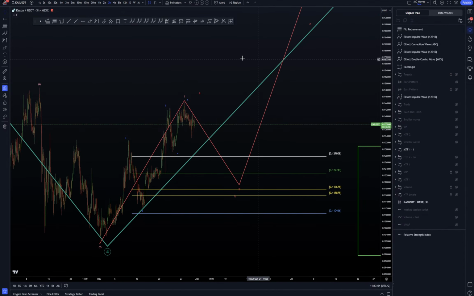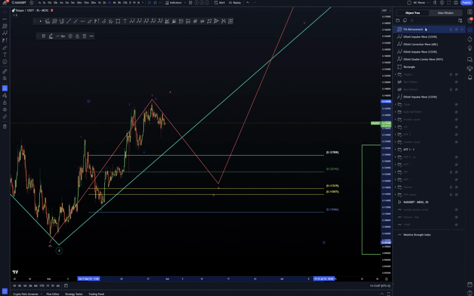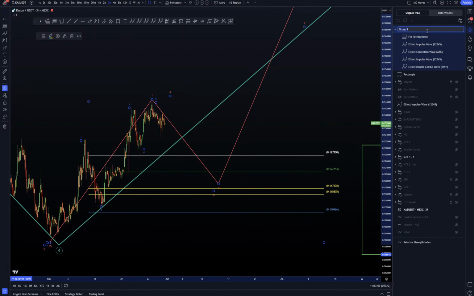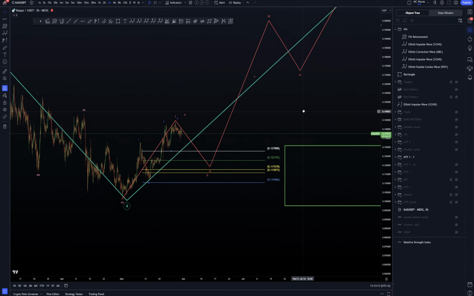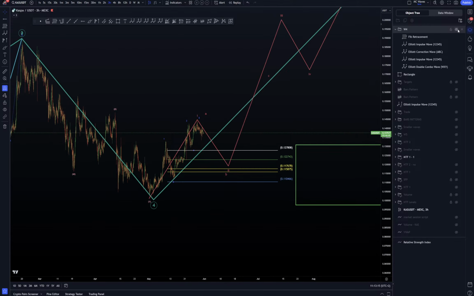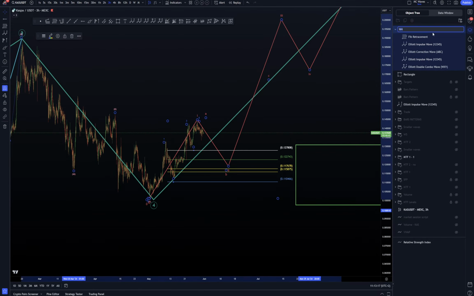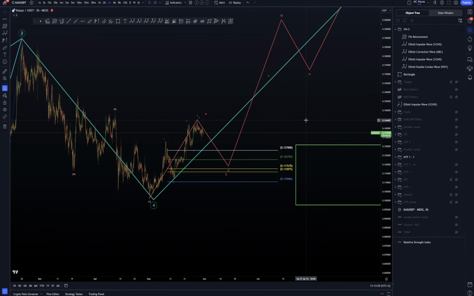Let's remove this. And yeah, good. We're done with that. So let's name it wave 4 and let's see what we get next. Either an ABC, or an impulsive really. Well, wave 4, 5 at the end. There you go.